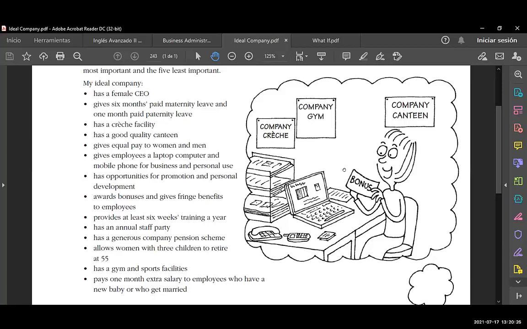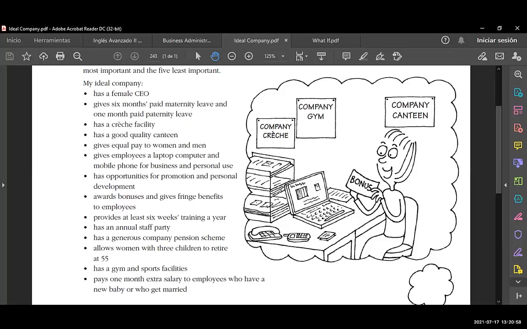Well, my ideal company gives 6 months paid maternity leave. Gives employees a laptop, computer, and mobile phone for business and personal use, because I think that in this technological world it is important to have these items.